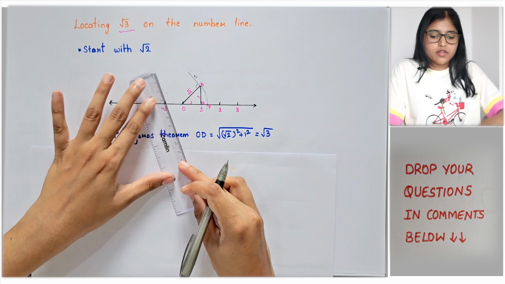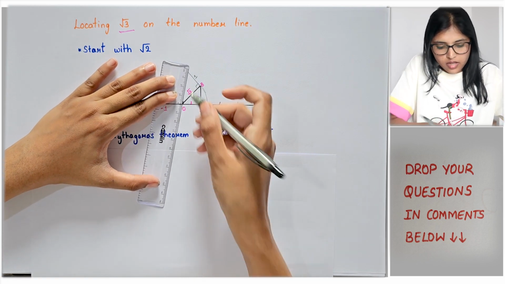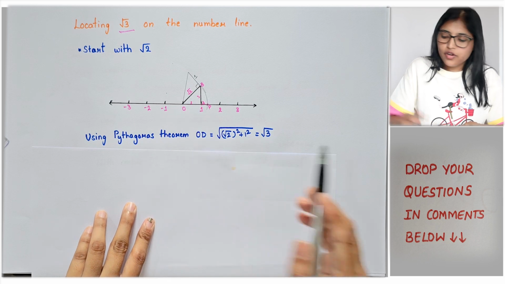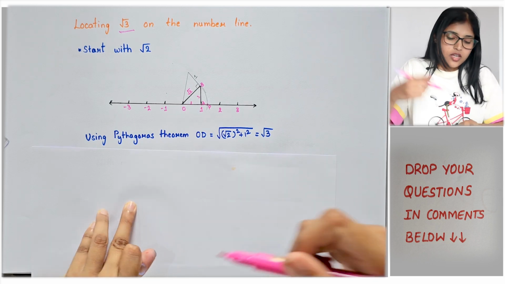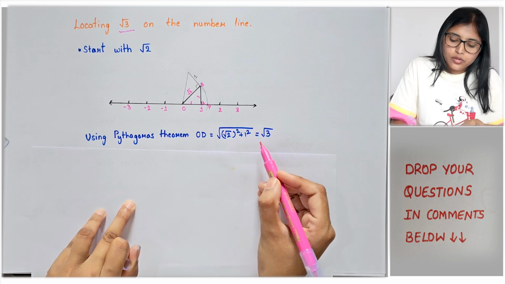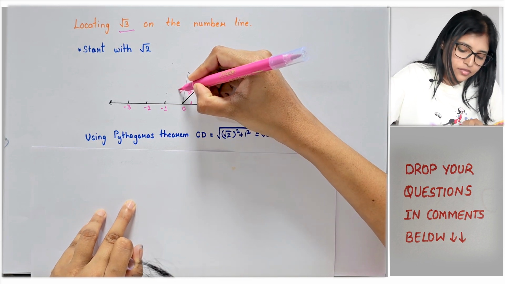So this side will be 1 and then that's going to be my hypotenuse. So this hypotenuse according to our Pythagoras theorem is going to be under root of root 2 square plus 1 square, which is square root of 3.